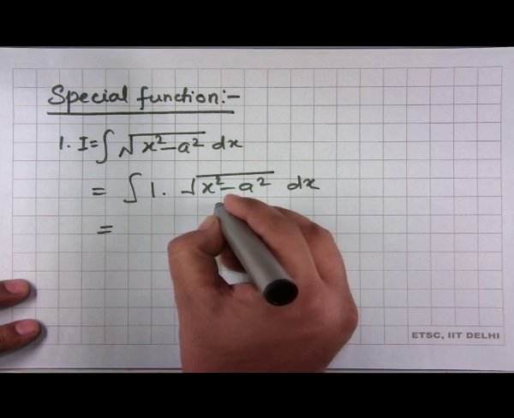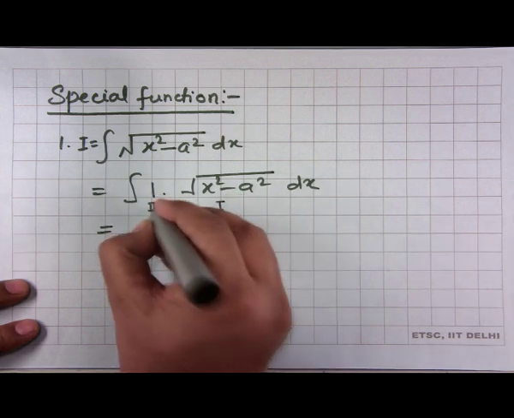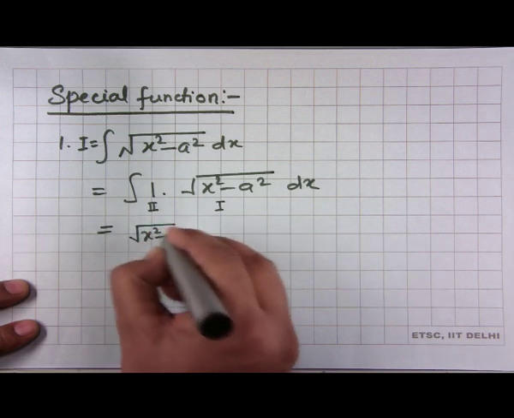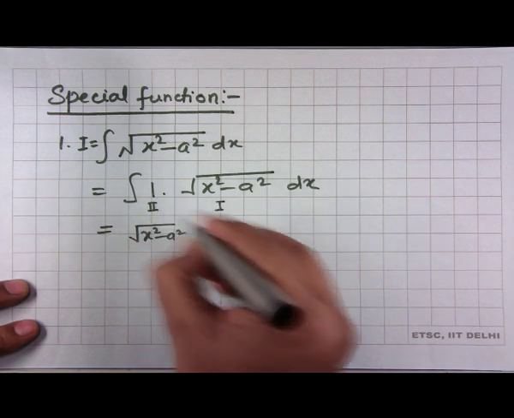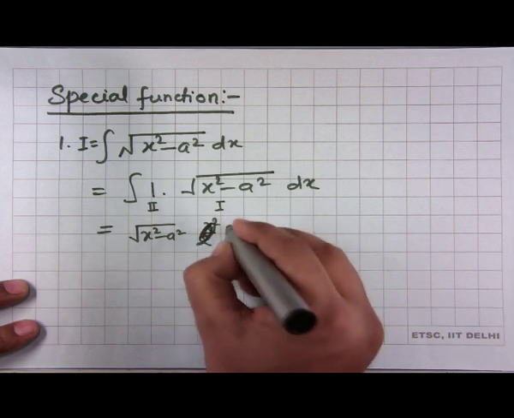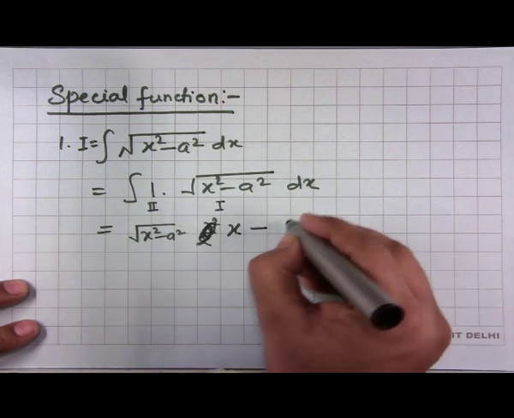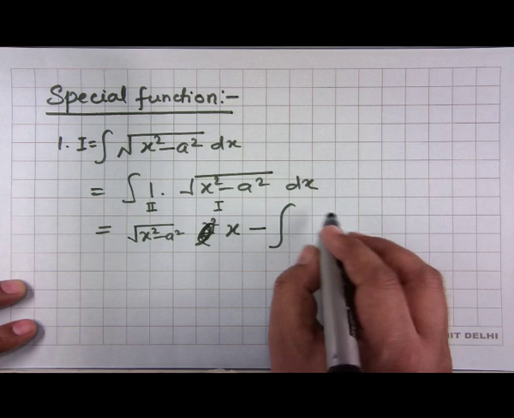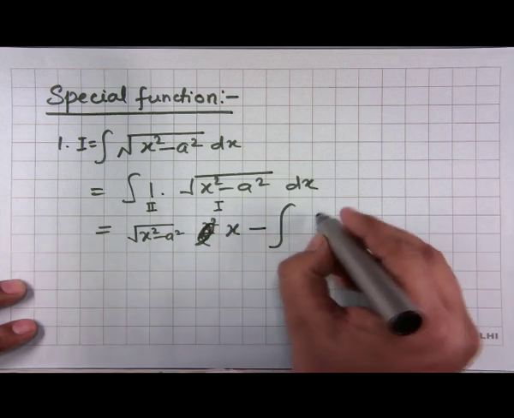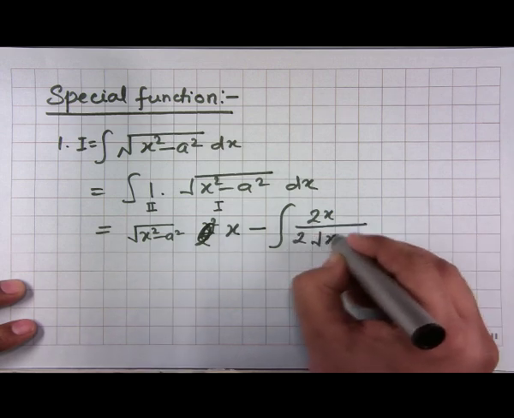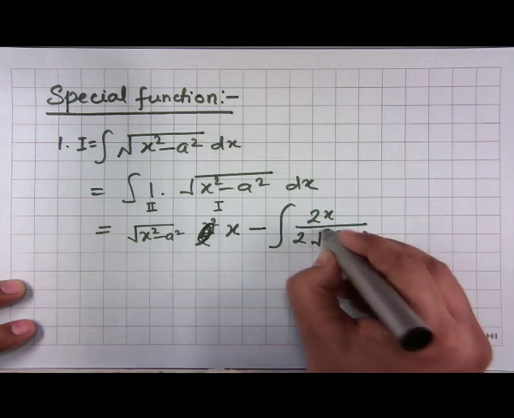So, consider this function as first function and this function as second function as usual. So, that you will get square root of x square minus a square, integration of 1 will give you x, minus integration, differentiation of square root of x square minus a square will give you 2x upon 2 root x square minus a square.